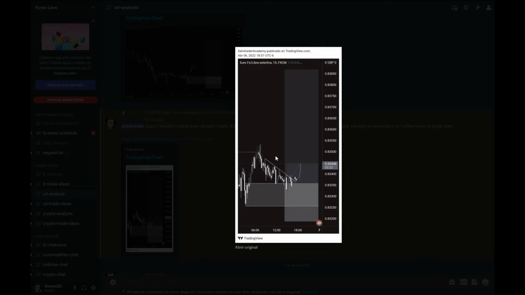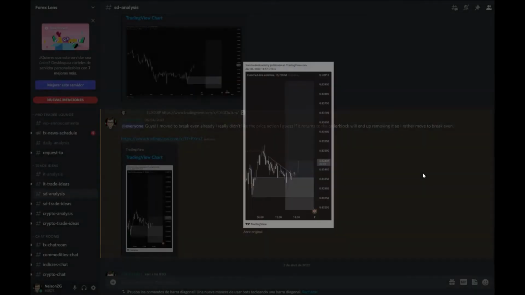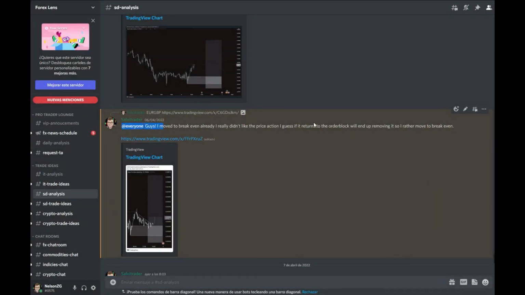Here is exactly when the price broke this trend line in the 15-minute time frame and started to move in my direction. But we had some fundamentals coming during the London session, and on top of that, the price action was weird, with too much compression. So I decided to move to break even, and that was my recommendation.